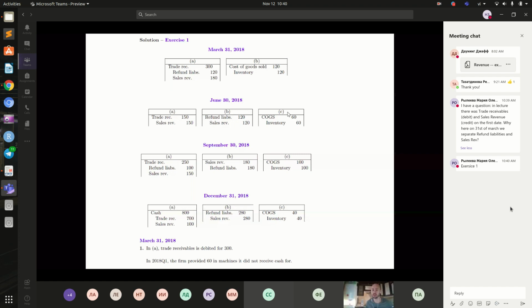Okay, so there was a question about why in this exercise we have refund liabilities on March 31st, but in the example from the lecture, we did not.